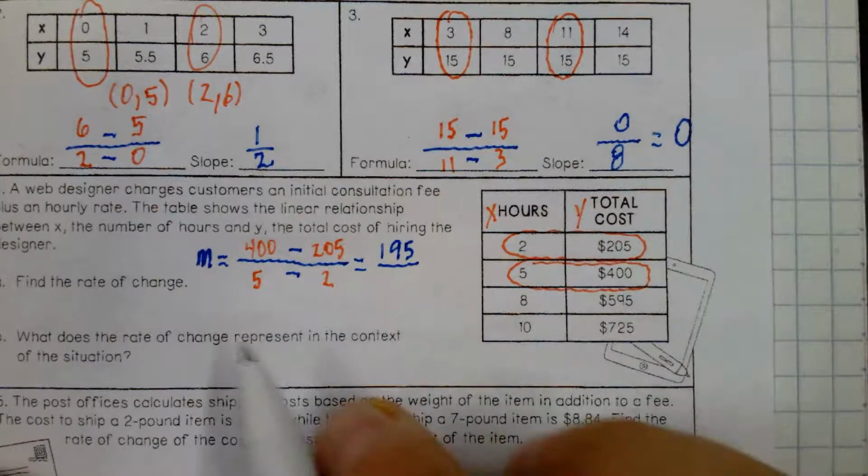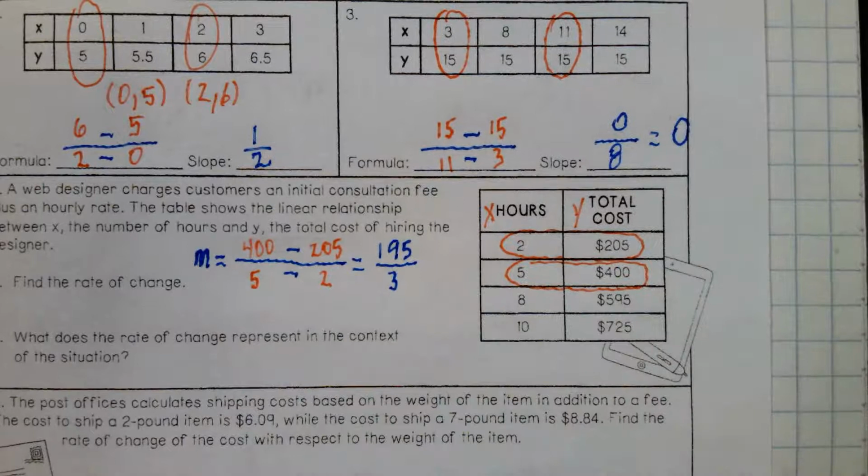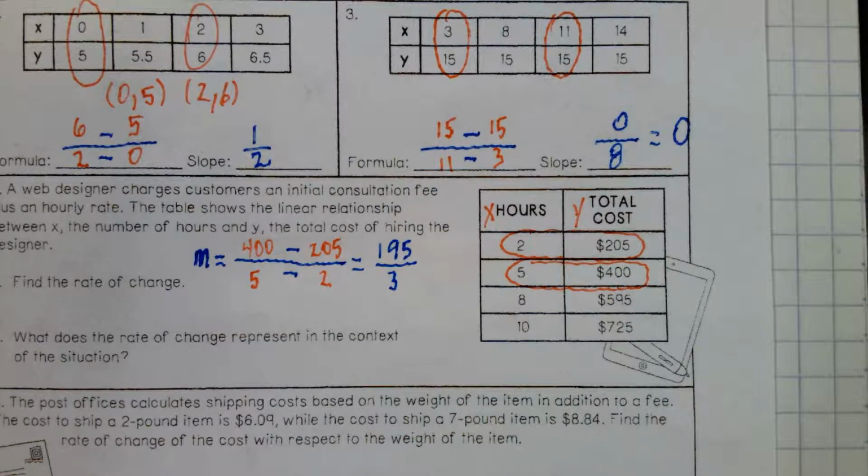400 take away 205, that's 195. And then we have 5 take away 2 is 3. So now we have to divide.